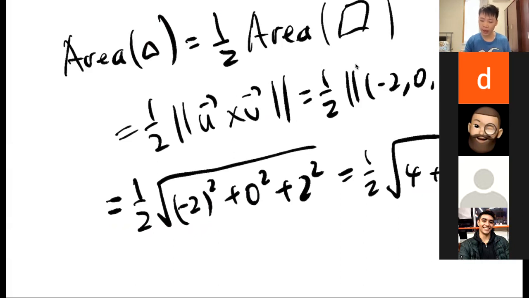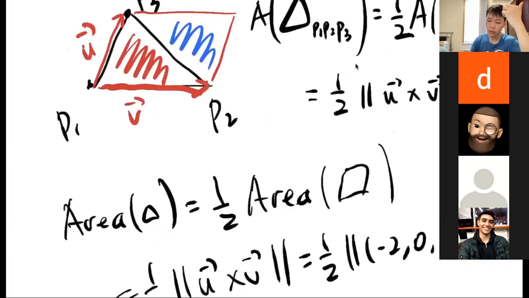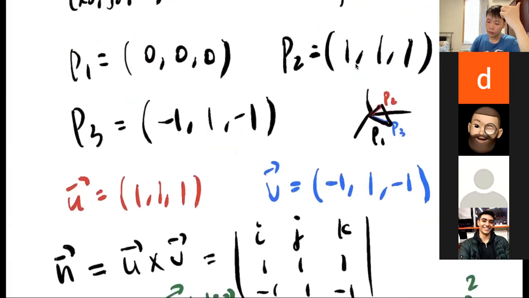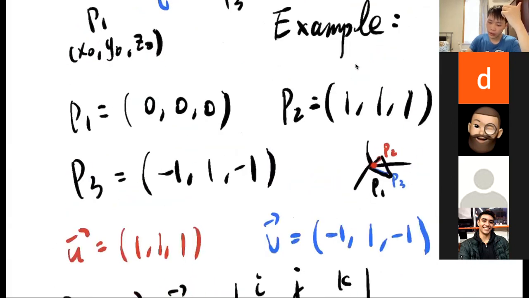You can see why this is the case. The side here is 0, 0, 0 to 1, 1, 1, so it has a length of radical 3.